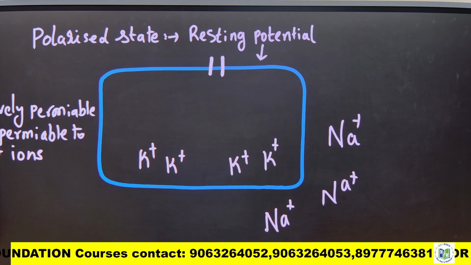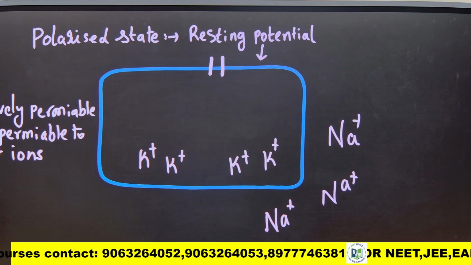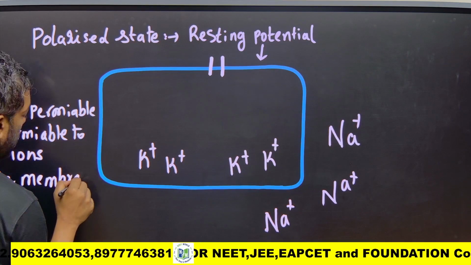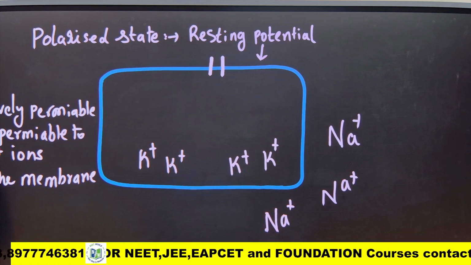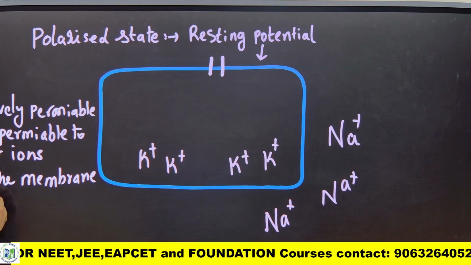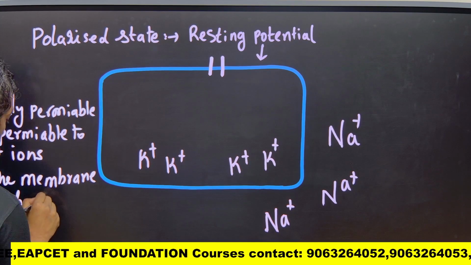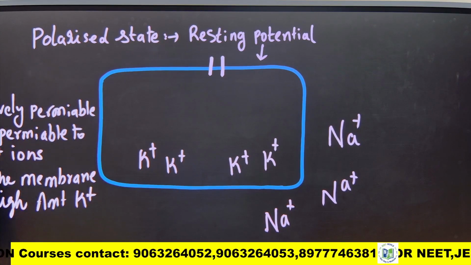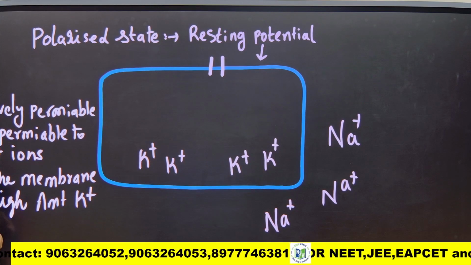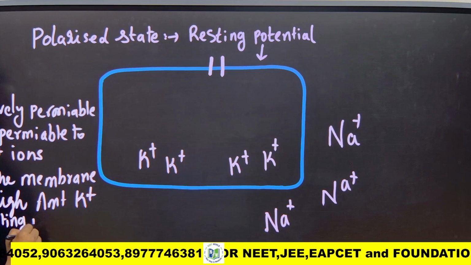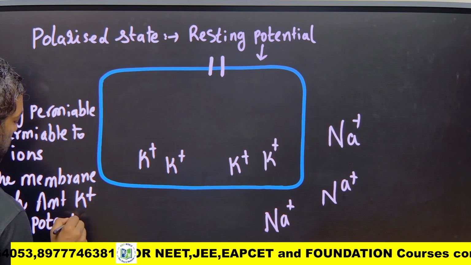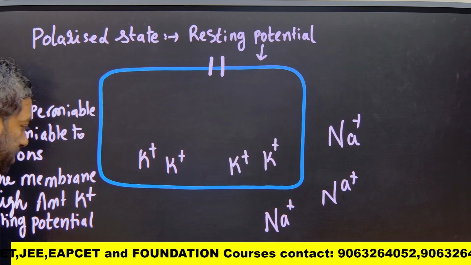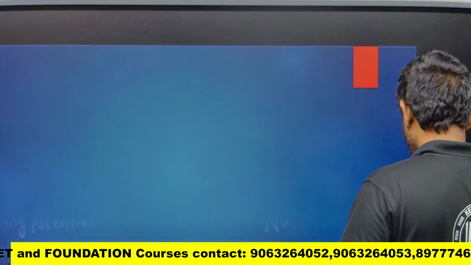The second point: inside the membrane there is a high amount of potassium ions in the resting potential. Then the third point.